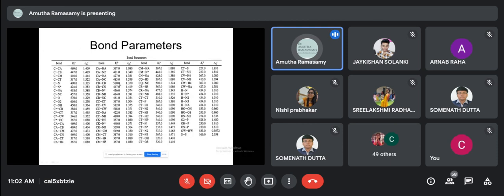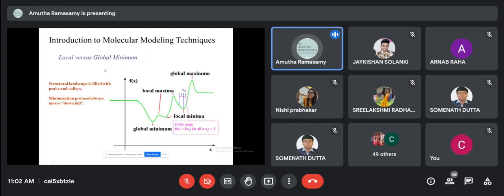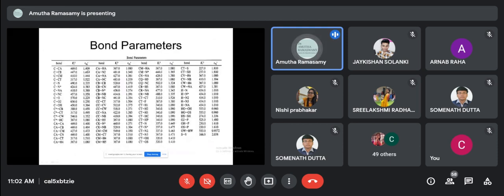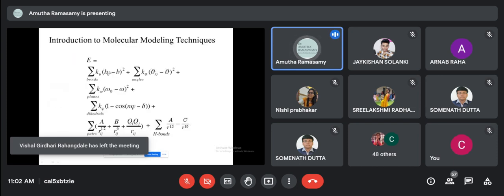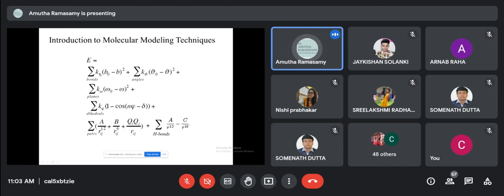The next point: we addressed the atoms, and now each atom has a bond. So we go to the equation: B0 minus B the whole square, with a force constant.